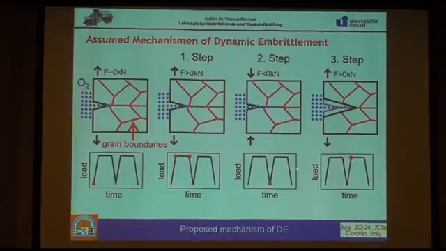If you unload now and reload once again, during unloading probably nothing is happening, but during reloading the crack is propagating along the damage zone, and the length of this extension is exactly the length of the damage zone. And then, of course, in the next cycle, the process starts again with penetration of oxygen and so on. So one cycle after the other is damaging the material.